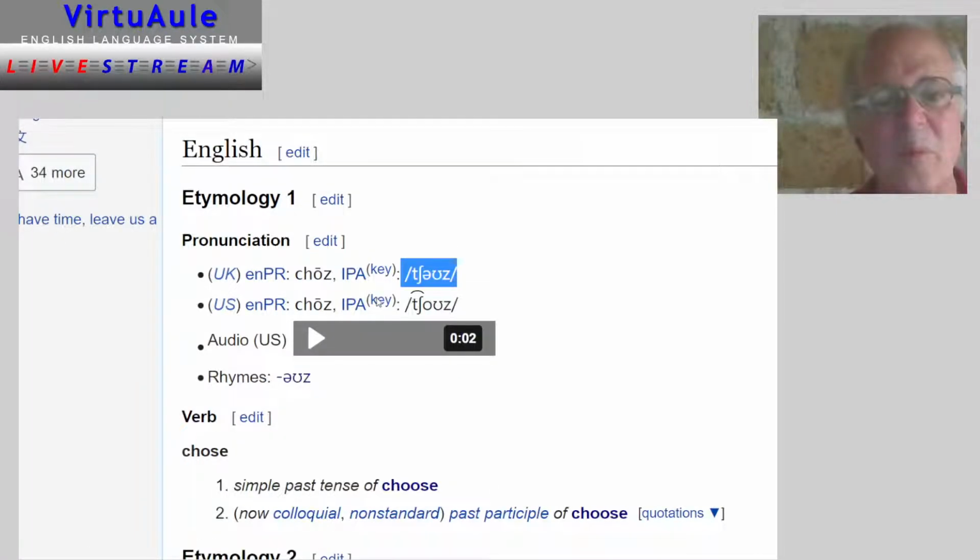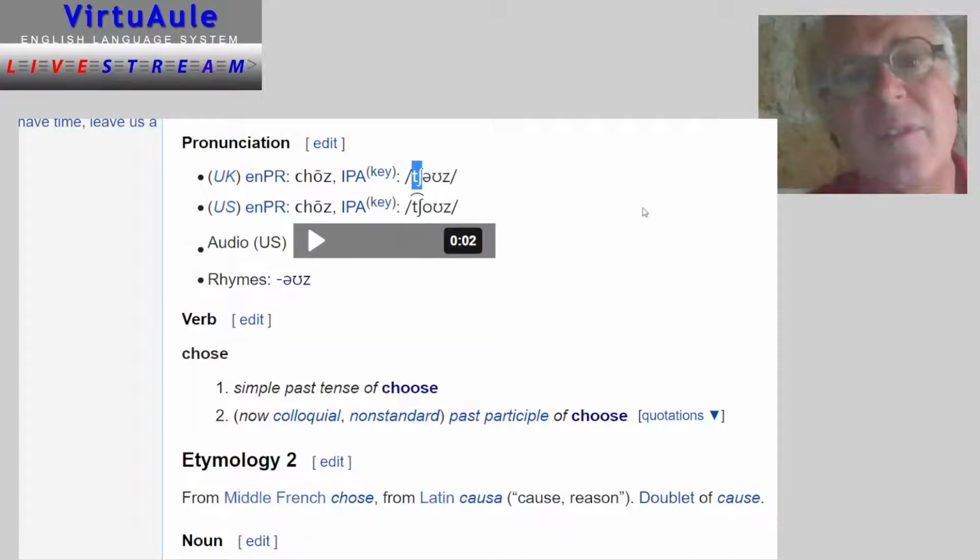So we have this symbol that is made of two different symbols. It's a symbol for one sound. It's the ch sound, which is really a combination of t and sh. So we have ch, something like ch.